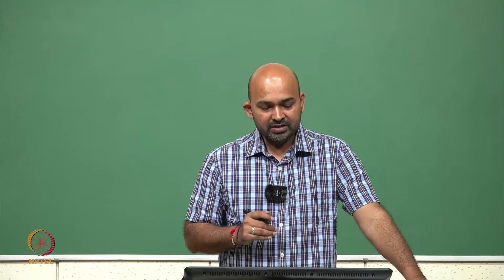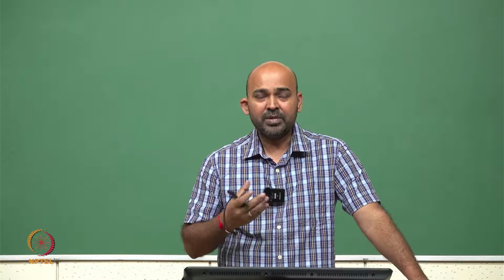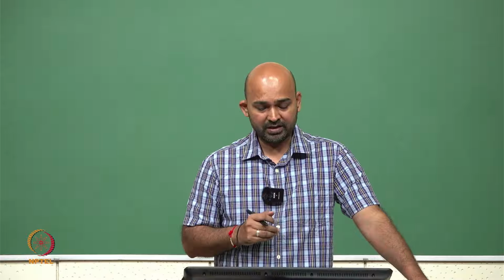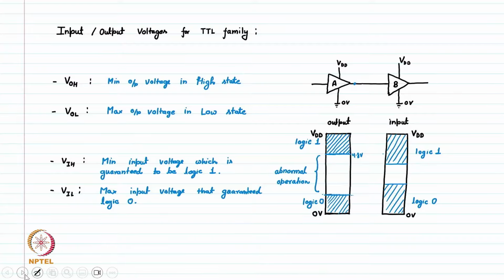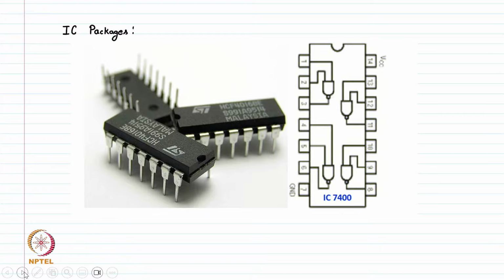So these are the definitions, and now let's see how a complete IC actually looks like when we have these logic gates inside the ICs. So let's see some IC packages. This is just some image taken from the internet.